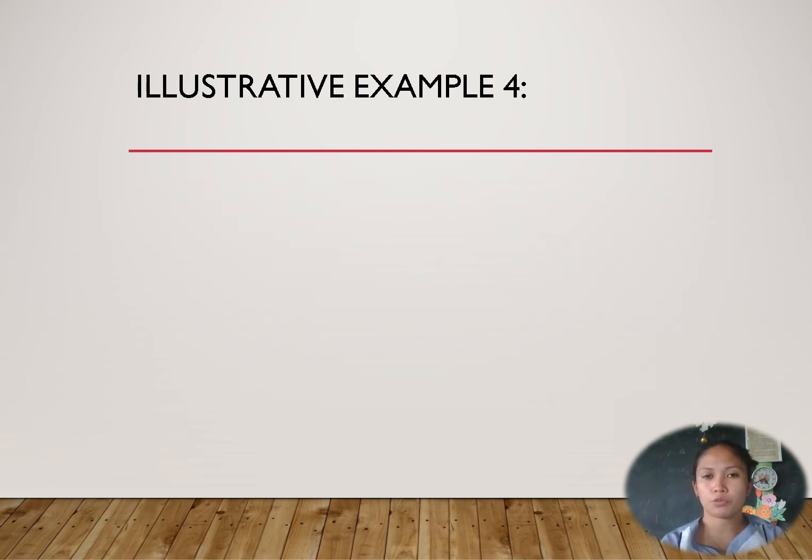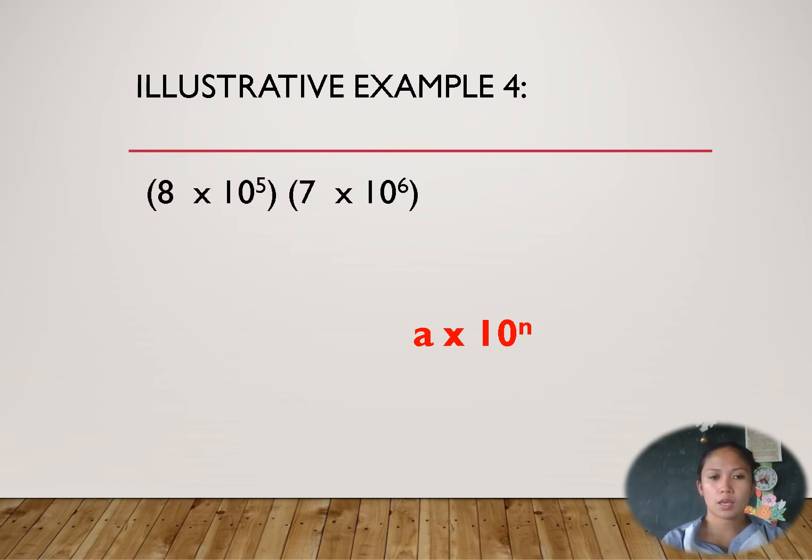Illustrative example number 4. The given is 8 times 10 to the power of 5 multiplied by 7 times 10 to the power of 6. Take note that this parenthesis here means multiplication. So we can apply the product of a power. Simplifying, just like the previous examples, we will just multiply the first factors, so that will give us 8 times 7.